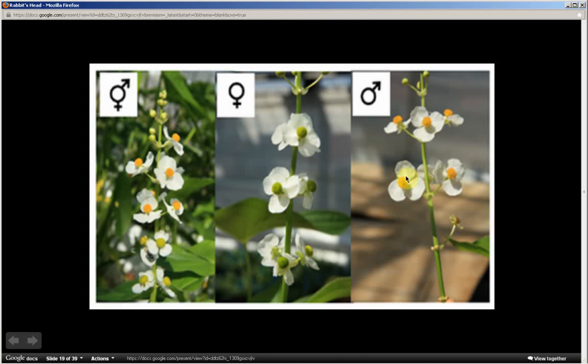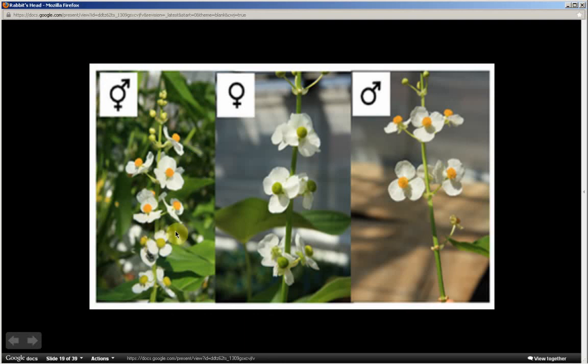The male flowers, which are situated at the top of the flowering stalk, have up to, like I said before, 25 to 50 yellow stamen. In this picture we can see how they are arranged.